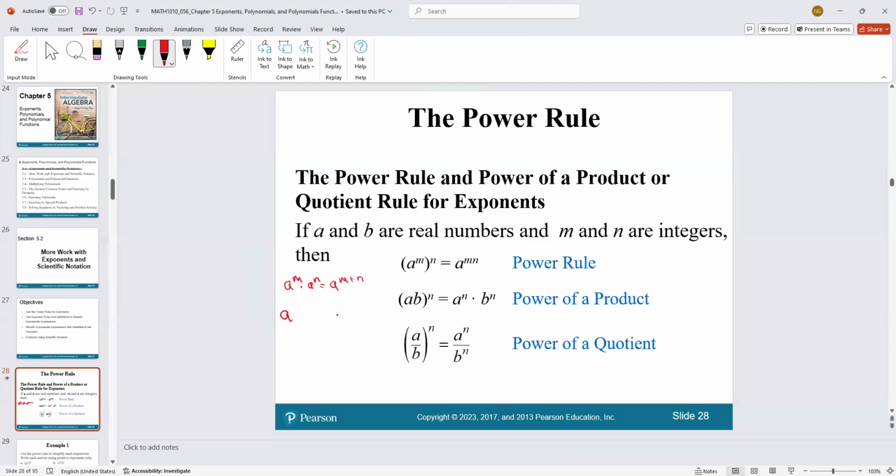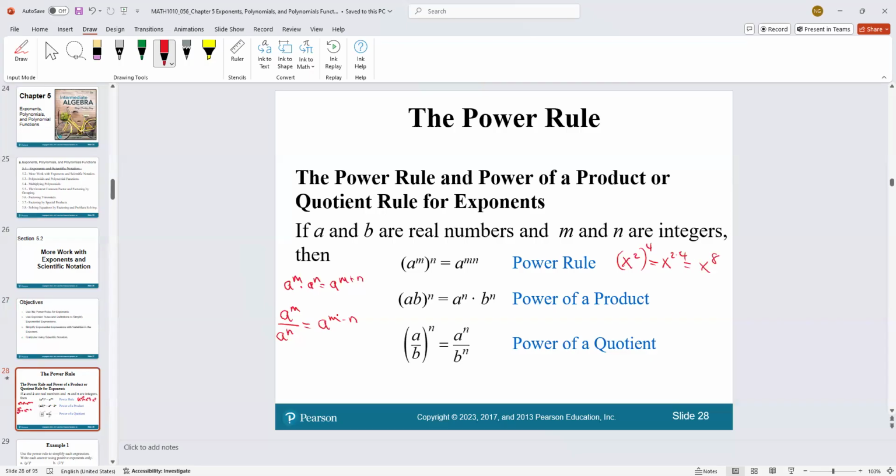And we said also if we have a power m over a power n, for a quotient, we need to subtract the exponents. Here, as you can see, we multiply the exponents. For example, if I have x power 2 power 4, we don't add the exponents. We need to multiply 2 times 4. It's going to be x power 8.